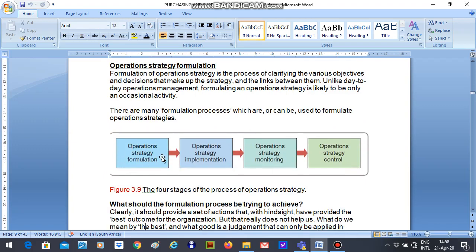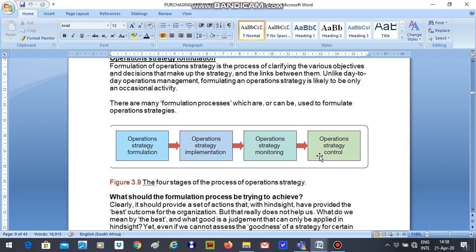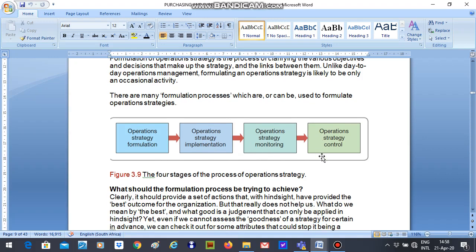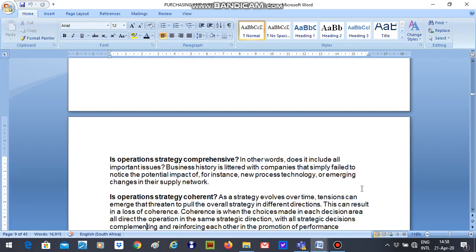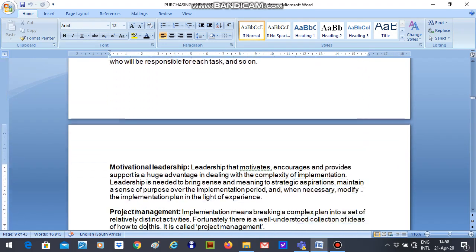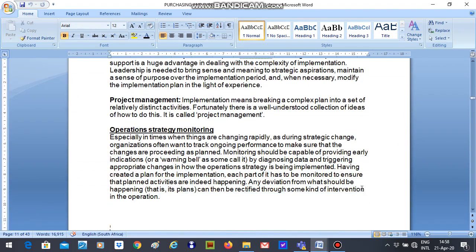Operation strategies, we have formulation to implementation to monitoring to control. These are very important elements when it comes to strategy. You first have to formulate your strategy, then you implement your strategy, then you monitor your strategy, and then you control to see whether your implementation actually has taken effect. All right, the explanations of those are there.